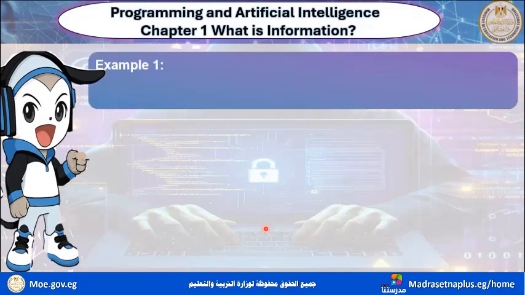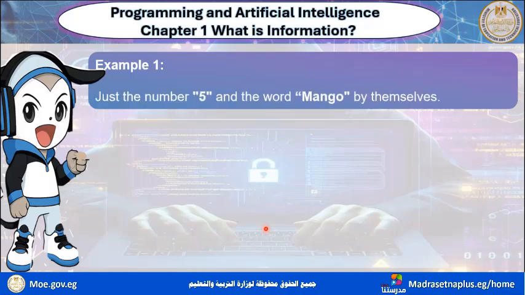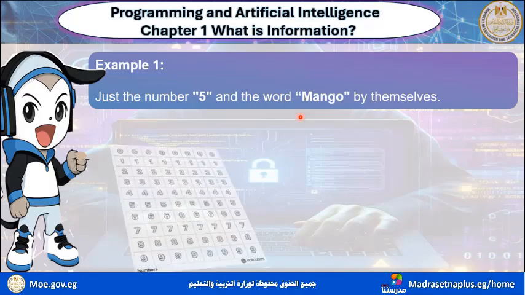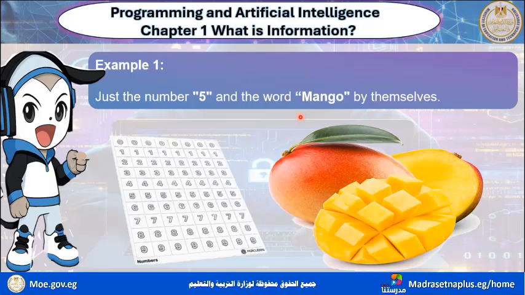Do you want an example for more clarification? Well, check the example with me. Example 1. Just the number 5 and the word mango by themselves. They are data. 5 or mango. So these by themselves, we call them data.